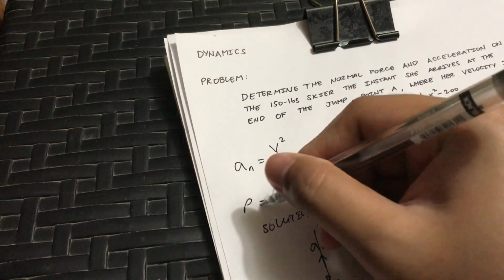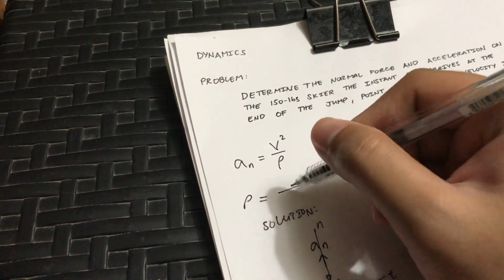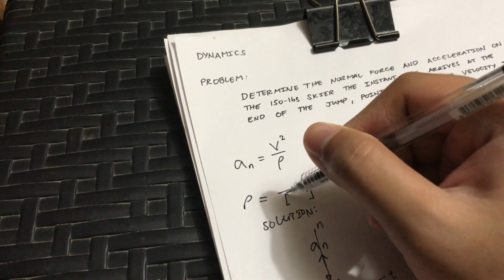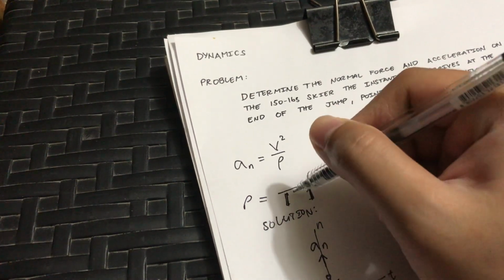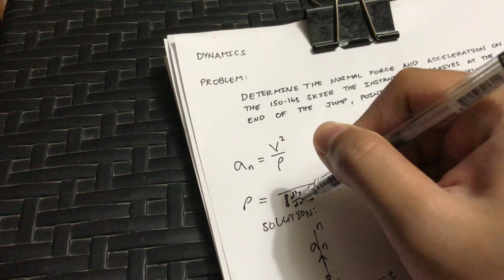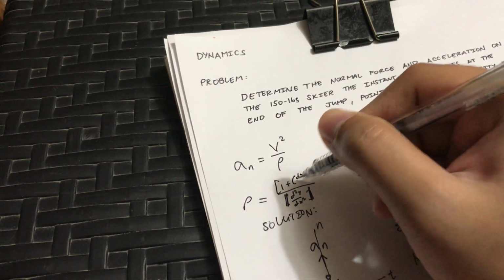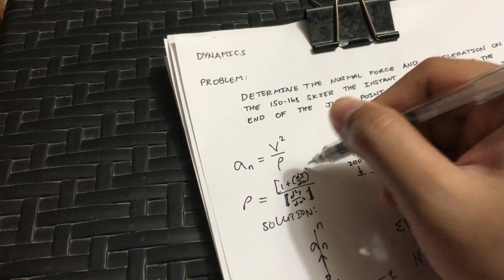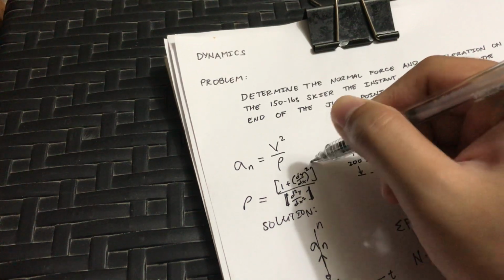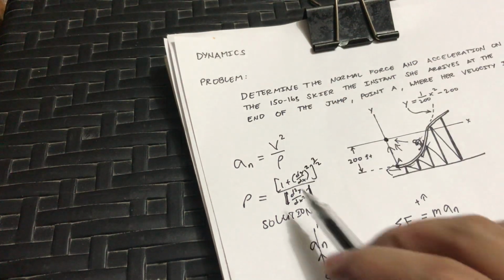And rho, the radius of the curve, can be solved as 1 plus the first derivative squared, to the 3/2, all over the second derivative d squared y over dx squared.